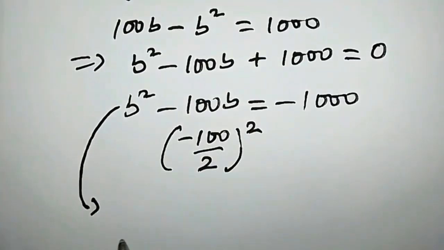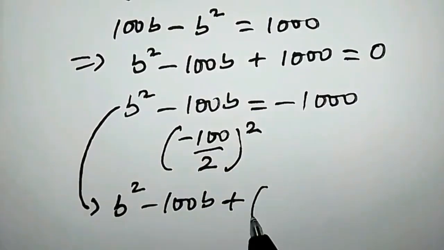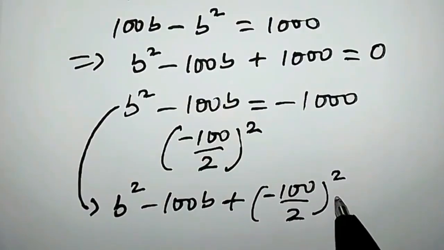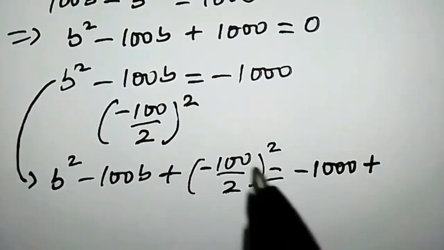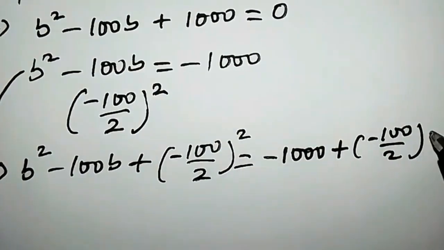That means from here we are going to have b square minus 100b plus (minus 100 divided by 2) all squared equal to minus 1000 plus (minus 100 divided by 2) all squared.